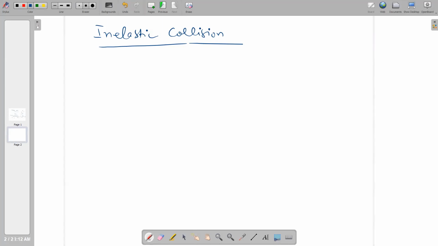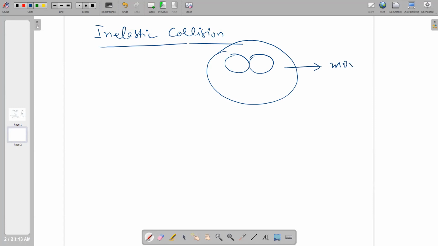And the second condition is this one: we will see that one body and the other body stick together, and now they are considered one system and they move together, and we will find the combined velocity of both masses m1 and m2.